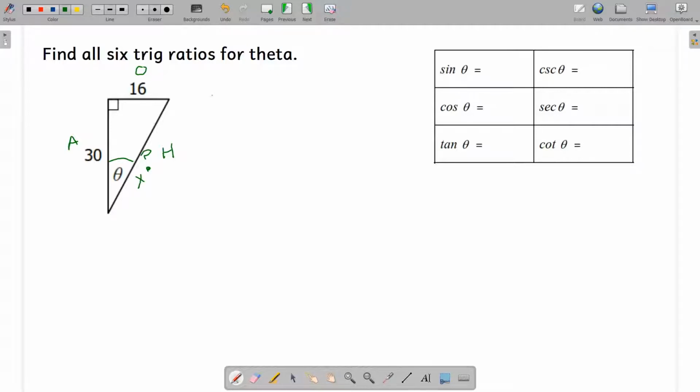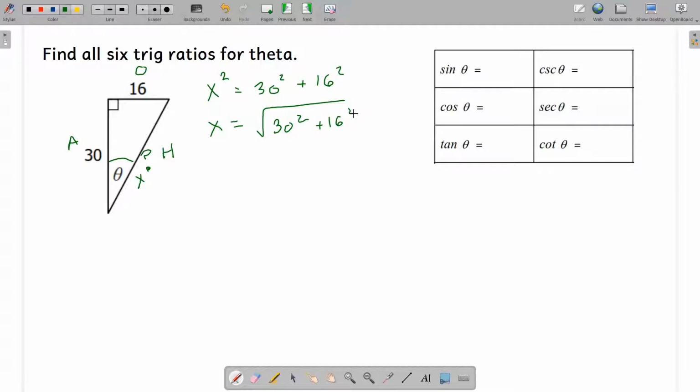So to find x, we can use Pythagorean's theorem by doing x squared equals 30 squared plus 16 squared. So x is just going to be the square root of 30 squared plus 16 squared. So let's calculate that. The square root of 30 squared plus 16 squared gives us 34.